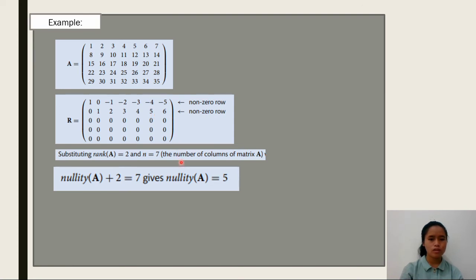The number of columns of matrix A. So rank A is 2, and n is 7. Nullity A plus 2 equal 7. Given the nullity A is 5, right? 7 minus 2 is 5.